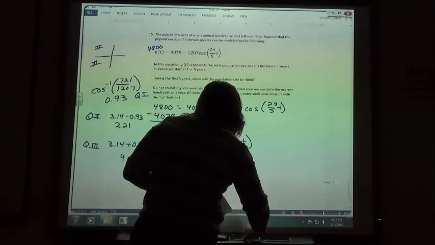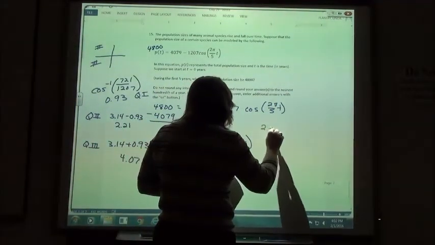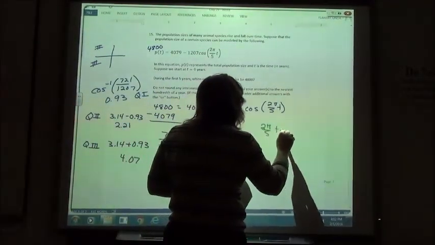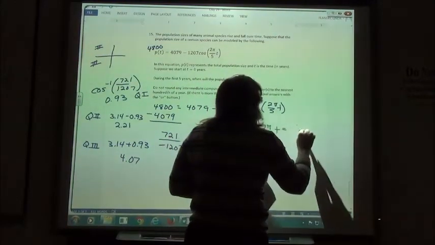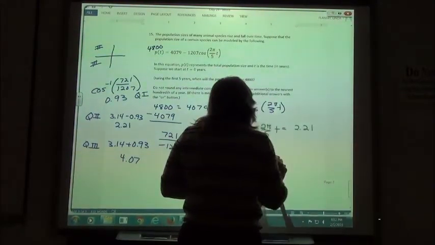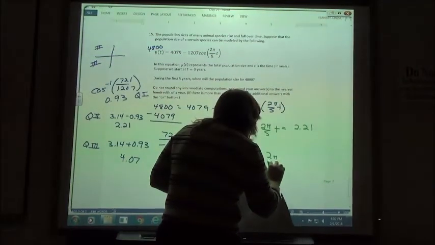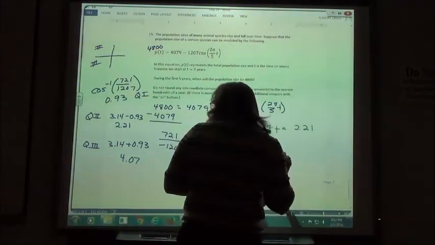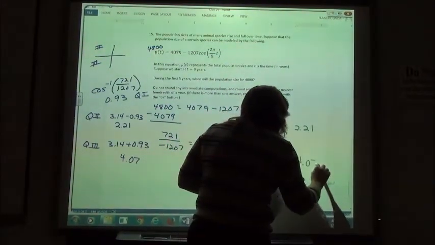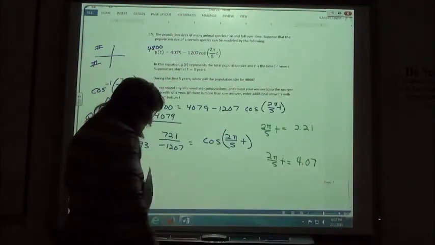We are going to say that 2 pi over 5t either equals 2.21 if we're in quadrant 2, or 2 pi over 5t equals 4.07 if we're in quadrant 3.